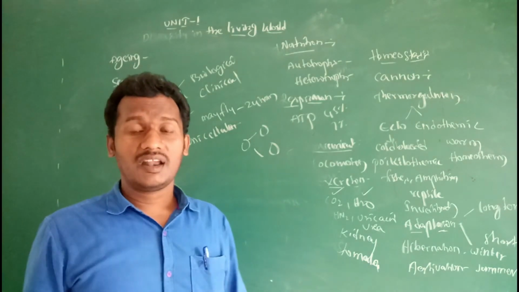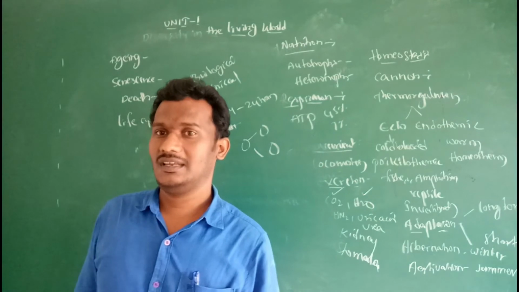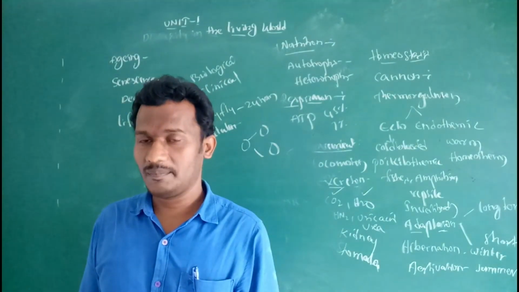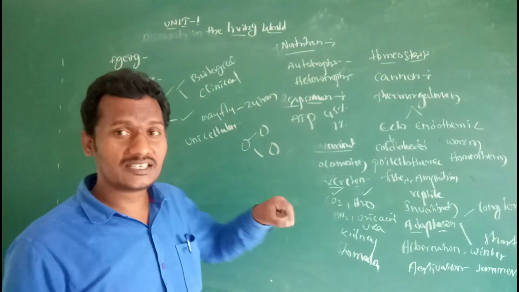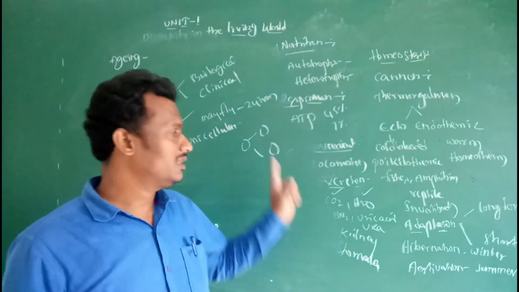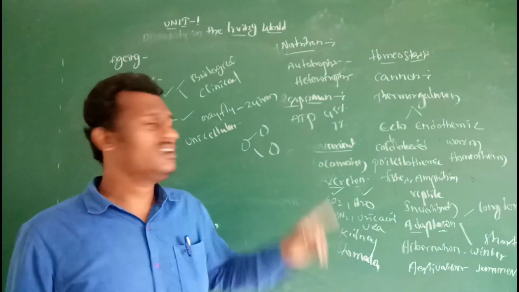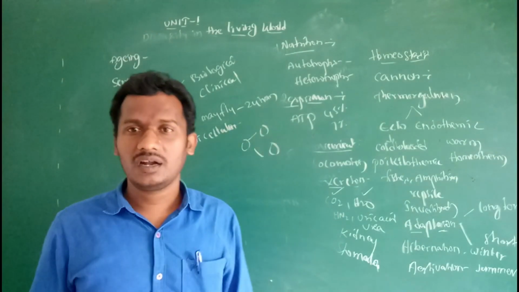In unicellular organisms, there are no particular reproductive units like gametes. Gametes are not present. That means the entire parental body acts as one reproductive unit. So this entire unit splits, divides to form two daughter ones.